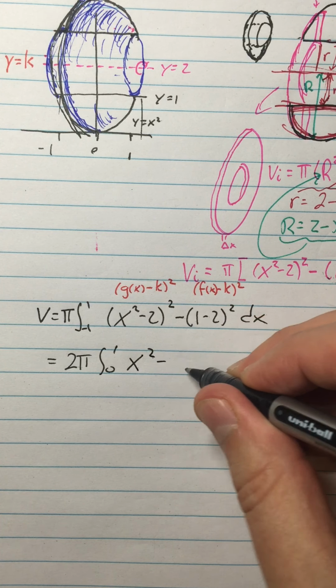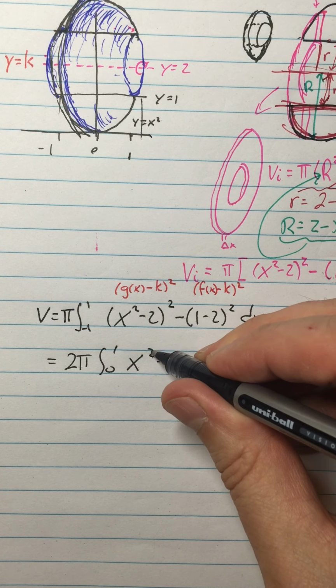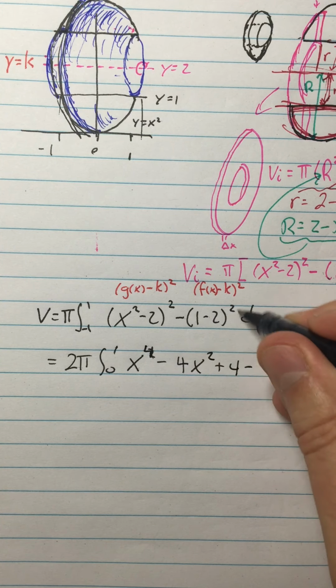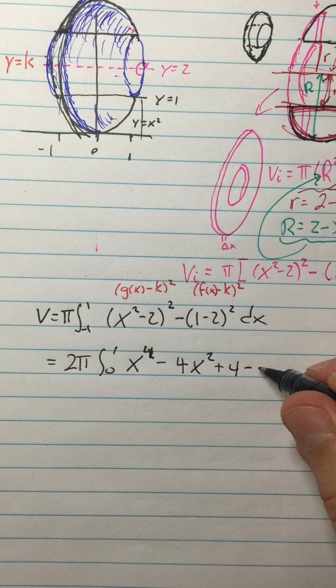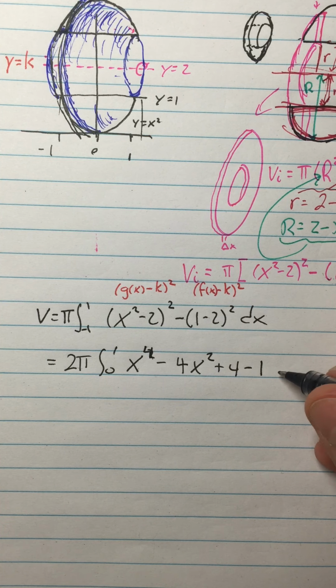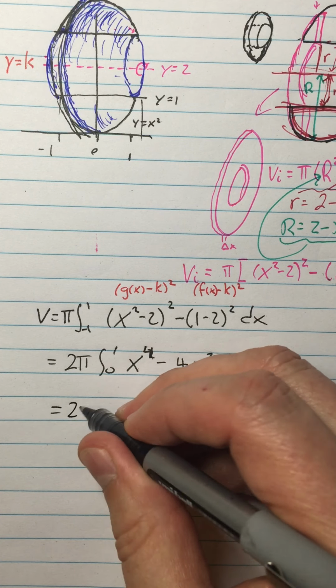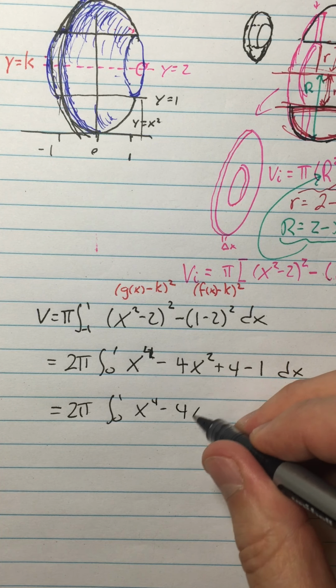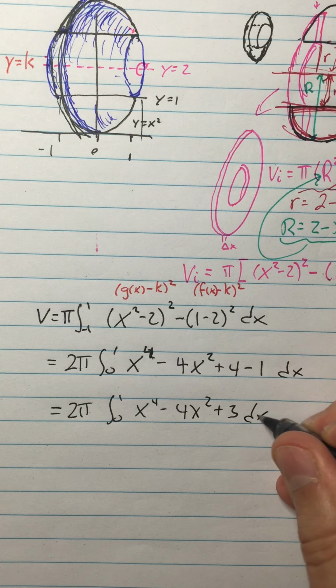The rest of it you can handle easily enough. This should be x fourth minus 4x squared plus 4 minus, and this is going to be -1 squared, so it's going to be 1, dx. So I have 2 pi integral 0 to 1 of x fourth minus 4x squared plus 3 dx.